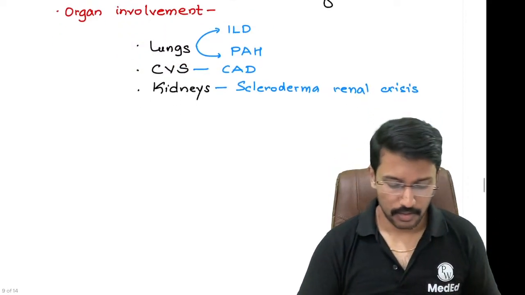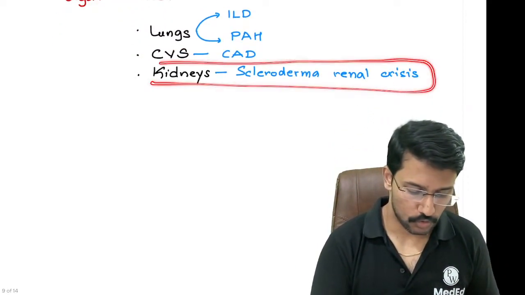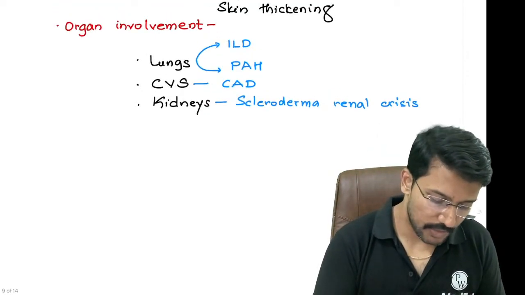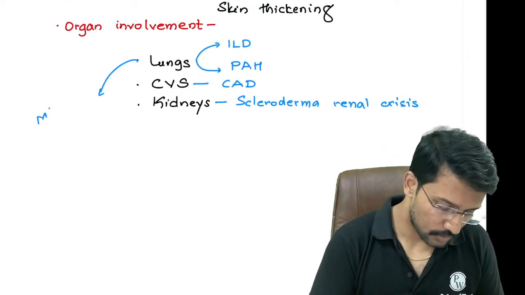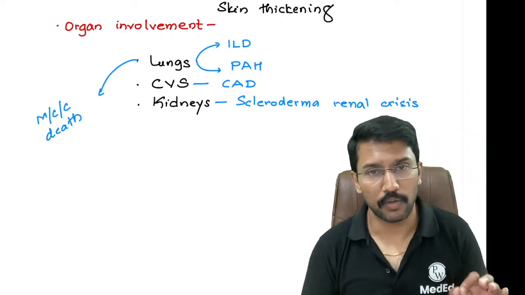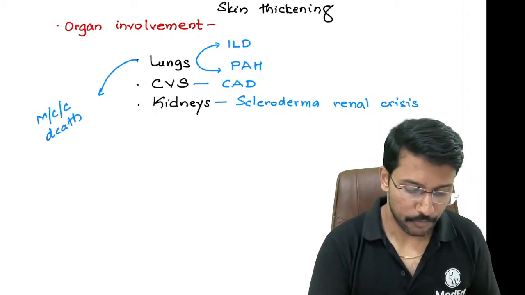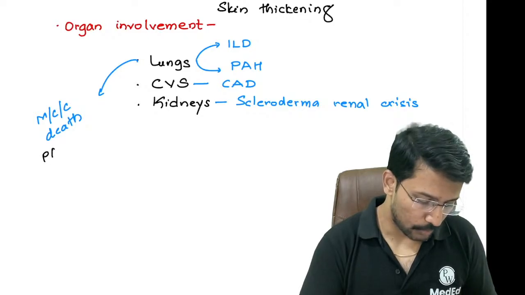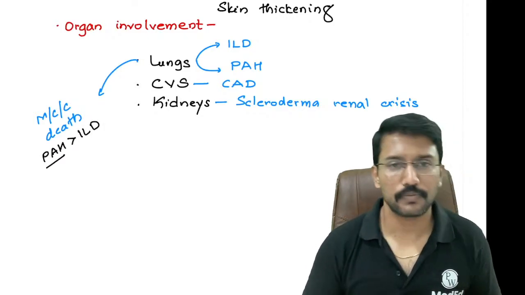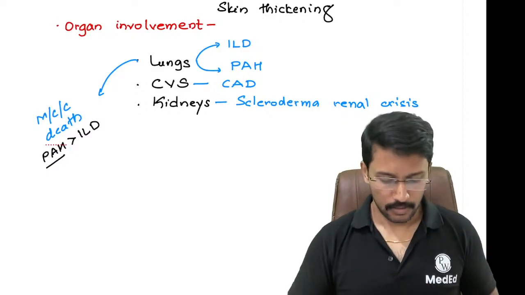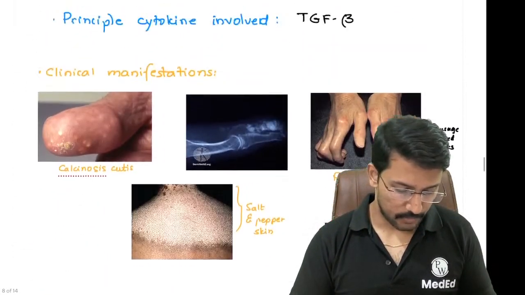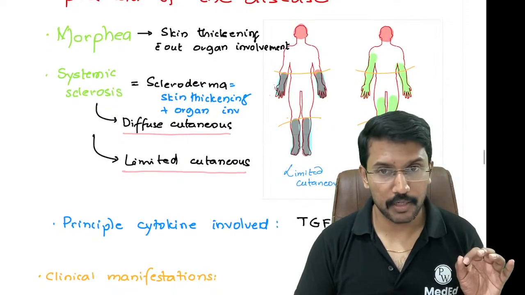In the past, scleroderma renal crisis was the most common cause for death. Today, respiratory complications are the most common cause for death, which includes interstitial lung disease and pulmonary arterial hypertension. If you ask me specifically which one, pulmonary arterial hypertension is more important than interstitial lung disease.